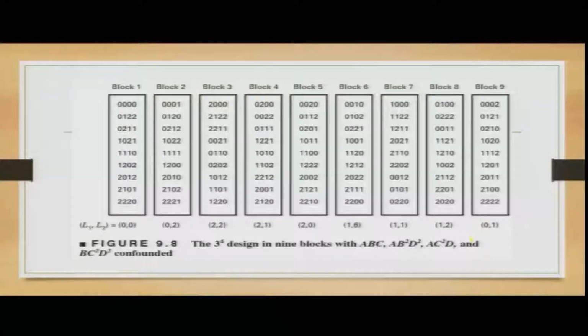So, in this case you have 9 blocks, starting from block 1 to block 9, and I will just mark the blocks as 1, 2, 3, 4, 5, 6, 7, 8, 9. When I use the effects, it will be as given: block 1, you will have the values as this.